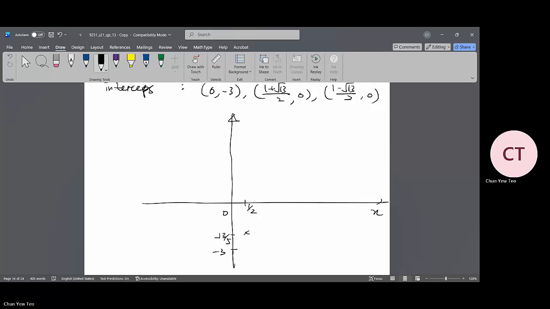Then the vertical asymptotes: 1 plus 5/2, then 1 minus 5/2. Okay. Then -1 is the horizontal asymptote.